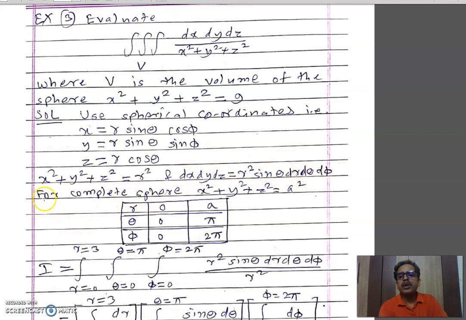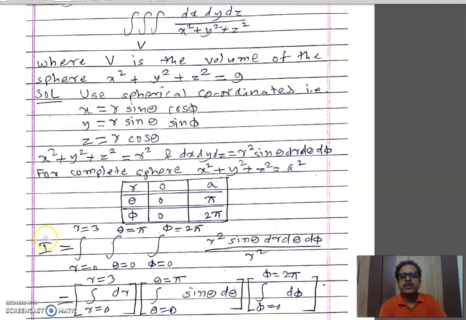As we just noted, for a complete sphere x square plus y square plus z square equal to a square, the limit of r is 0 to a, theta 0 to pi and phi 0 to 2 pi. Now convert this triple integral, which is in terms of x, y, z, into r, theta, phi.